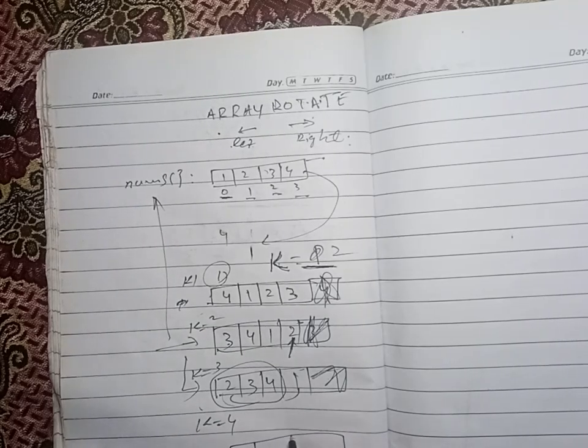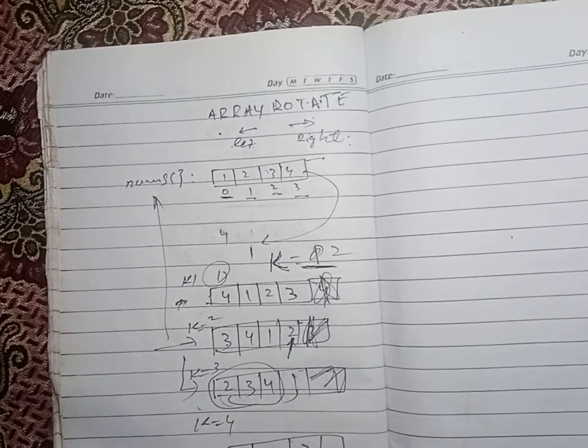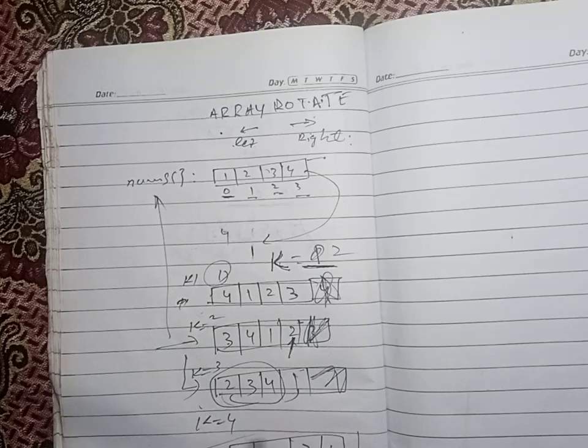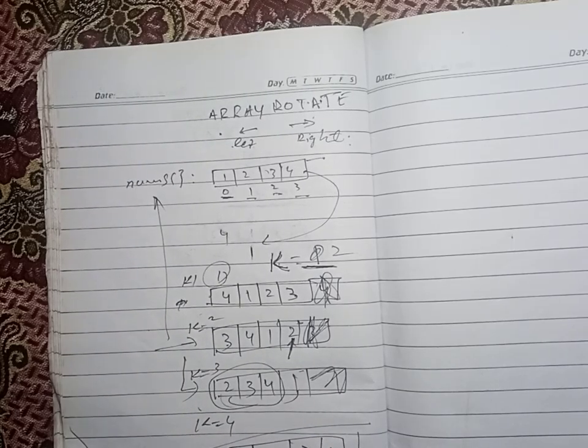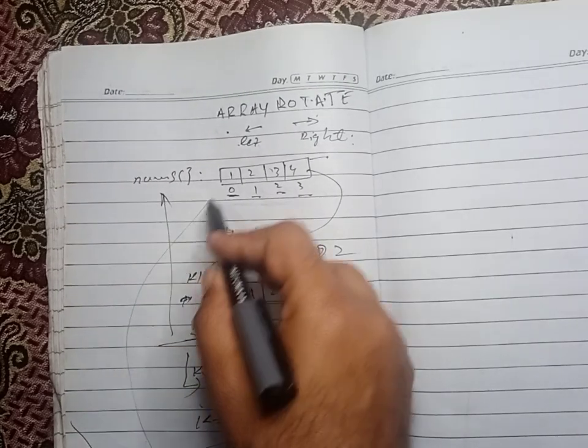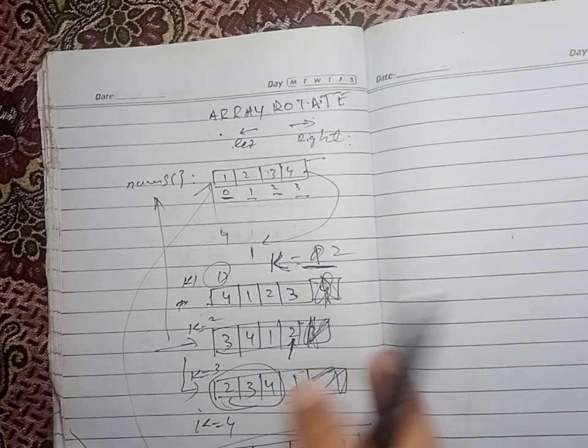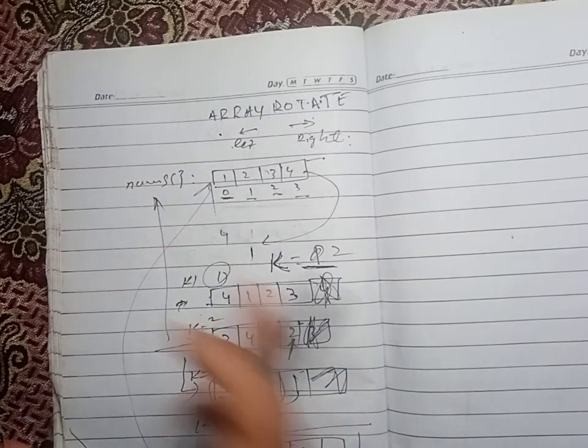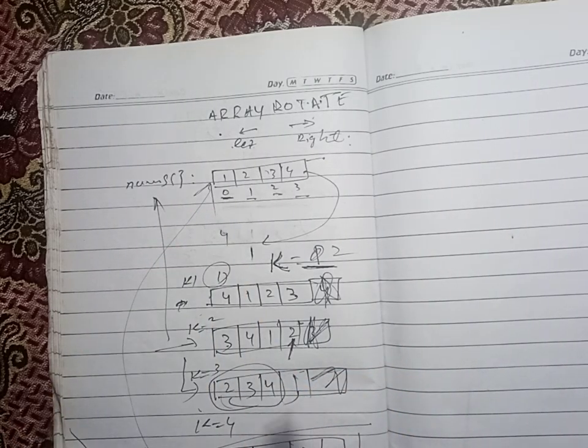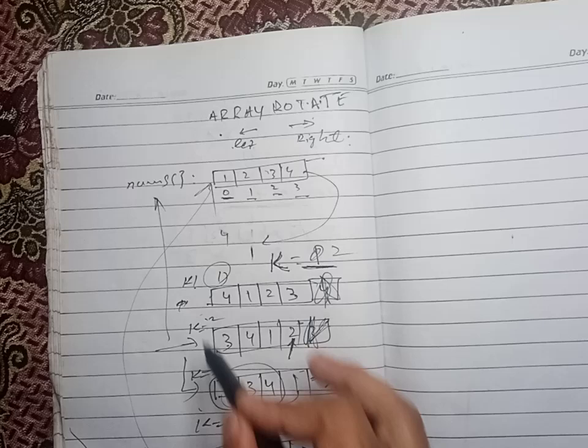So the entire array is rotated and reaches its own original point. How many times at index level? 4 times, k is 1 2 3 4.